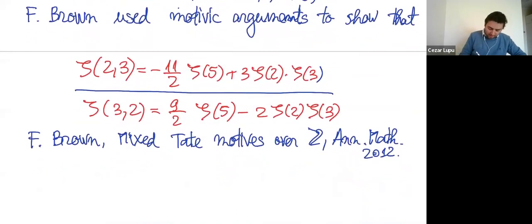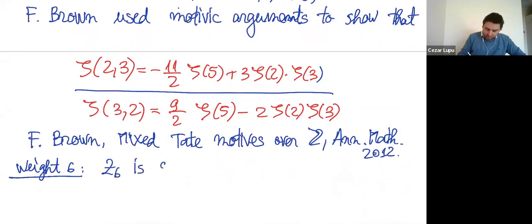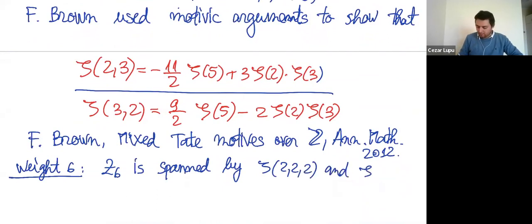But in weight 6, we have the following. Z6 is generated by these values: triple zeta of 2, 2, 2 and double zeta of 3, 3.